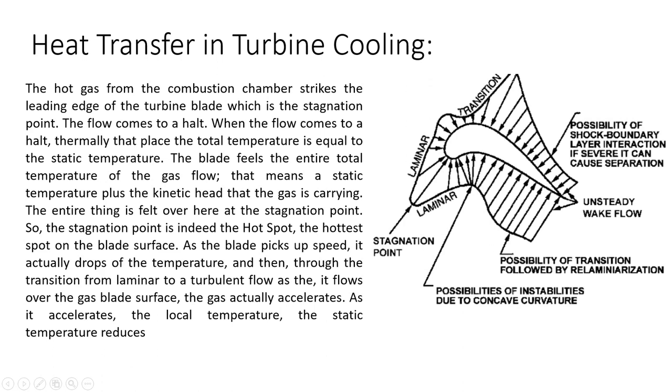Because once the stream comes from your combustion into your turbine stage, the first point of contact for the hot gases is your leading edge. That will create a stagnation point in your leading edge, and there the total static temperature is the highest.